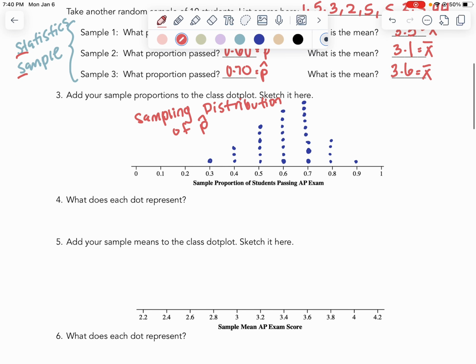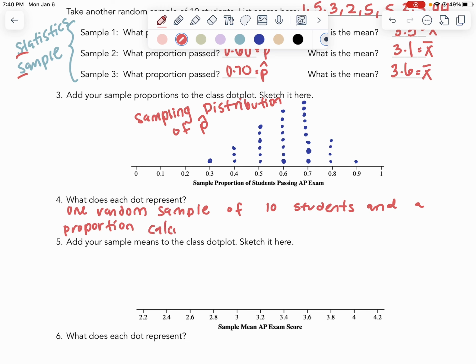So what does one dot represent on this dot plot? Well, it's one random sample of 10 students and a proportion calculated from that sample.